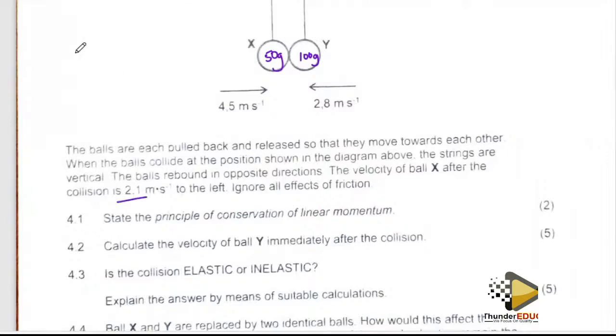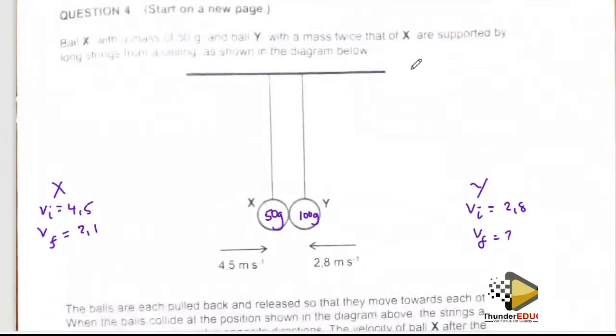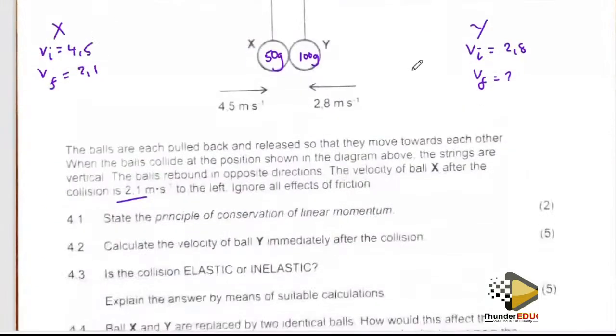After the collision, if this is X and this is Y, initially it was 4,5. Finally, it's 2,1. For Y, initially, it's 2,8.